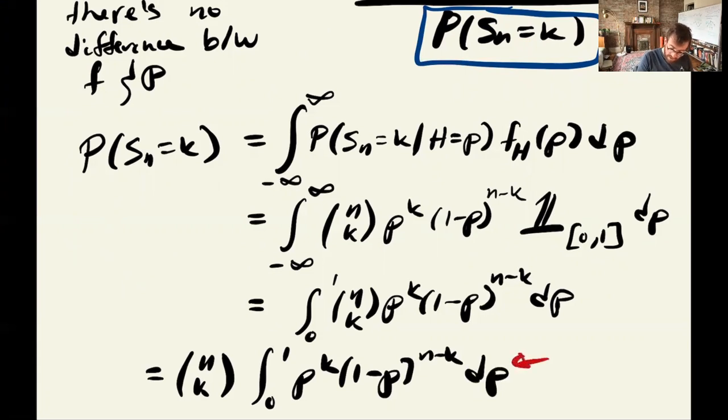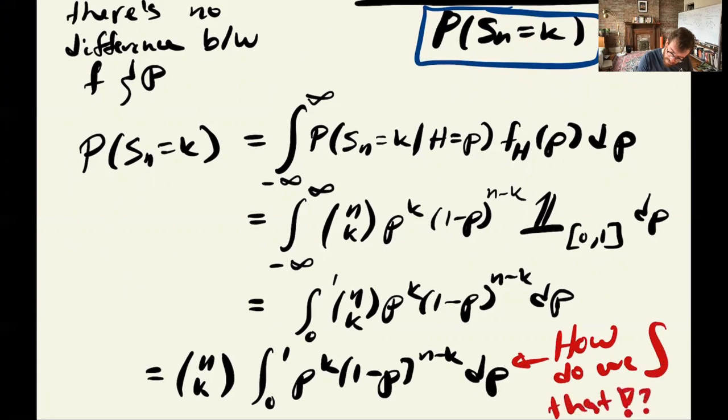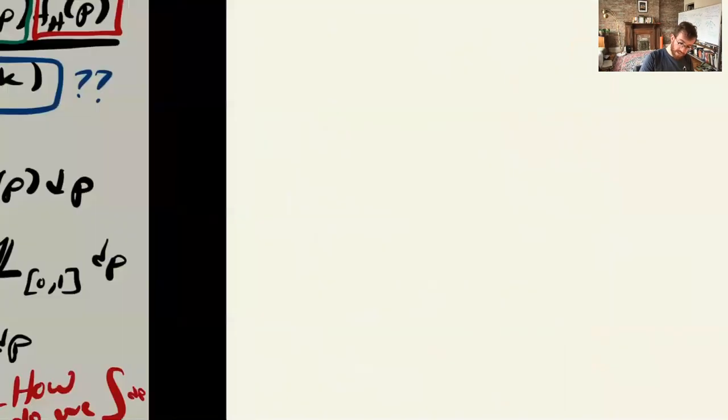But now a question should emerge: how do you integrate that? Again, always in calculus, we give you things that are going to be easy to integrate. But in this setting, this is actually not going to be an easy thing to integrate. In fact, this shows up so often in probability theory that we've given it a special name.